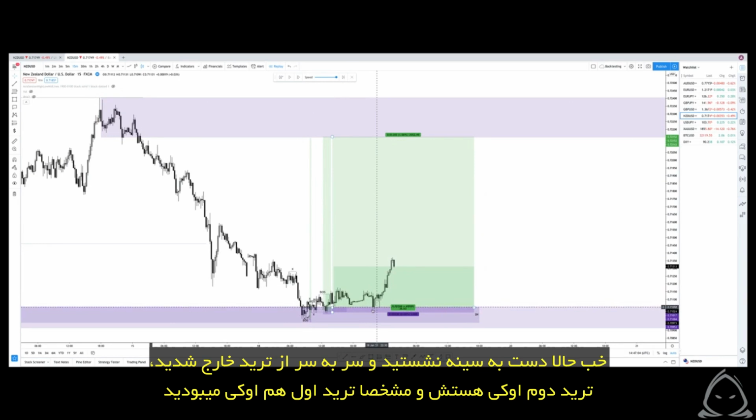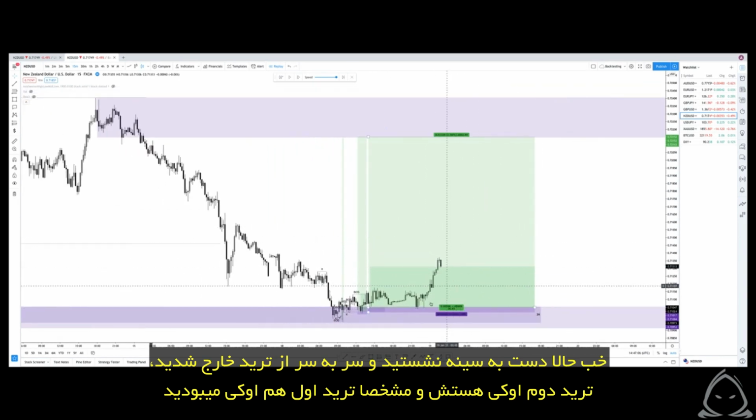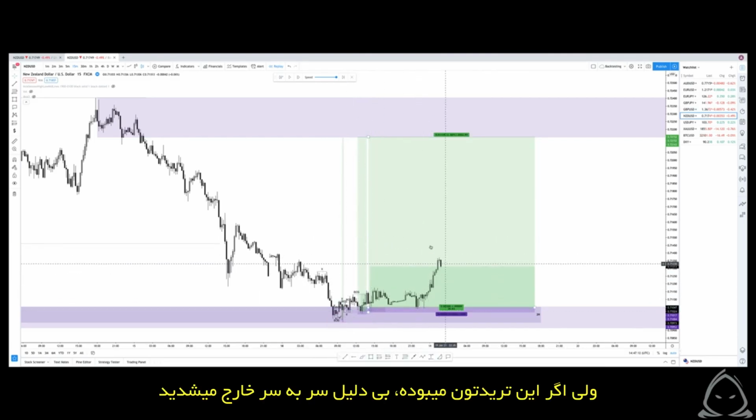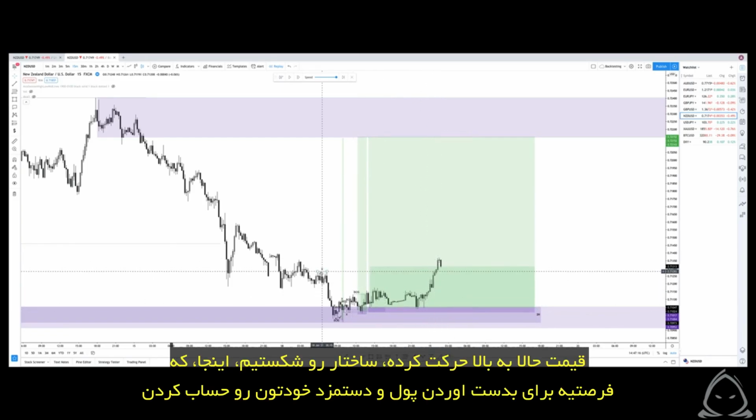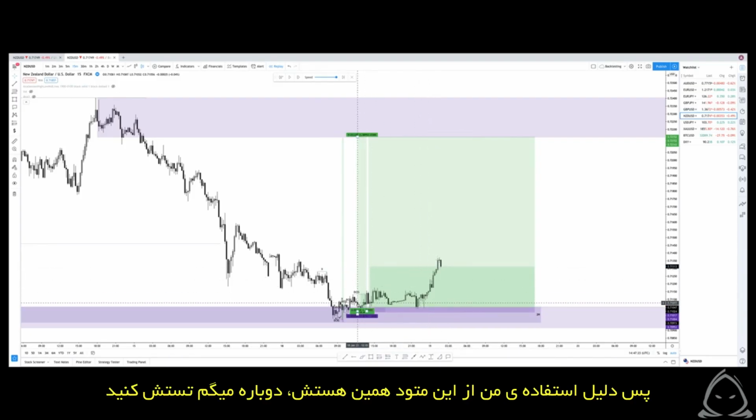So now you're sitting there, you've taken a break even on this one. You would have been okay on this second trade, and fine on the first one. But if this had been your trade, you've taken a break even for no reason. Price has rallied off. We've broken structure here, which has given you the opportunity to take some money and pay yourself. So for me, this is why I use that method.